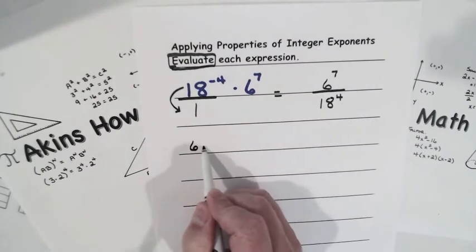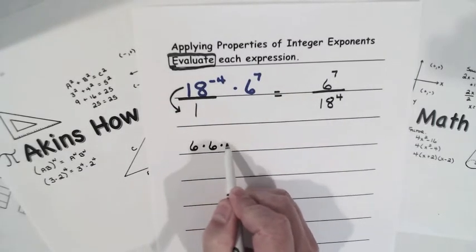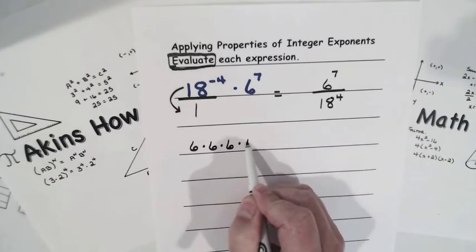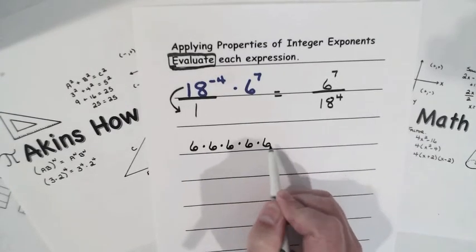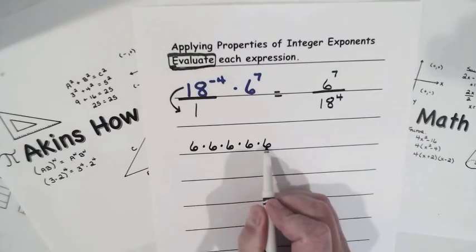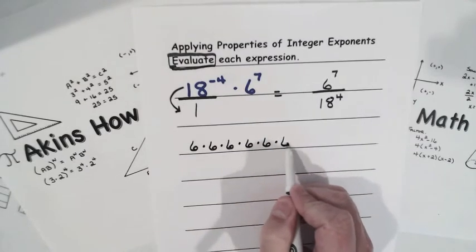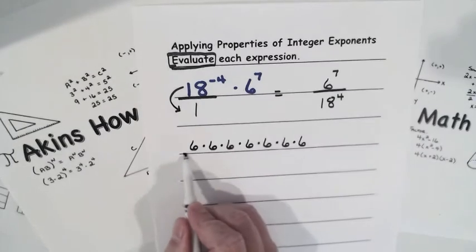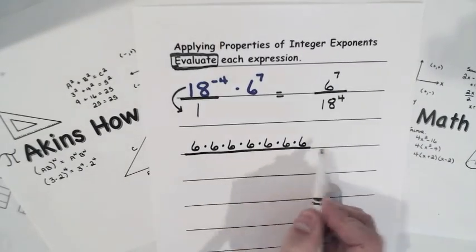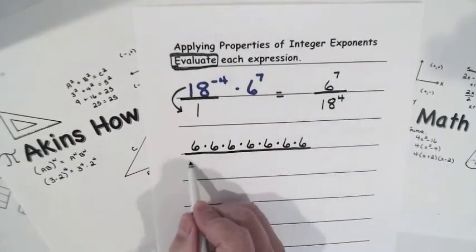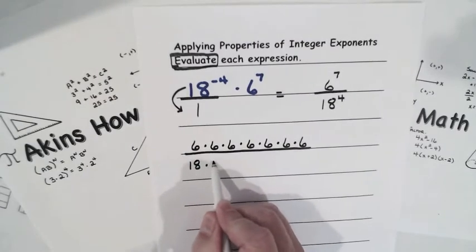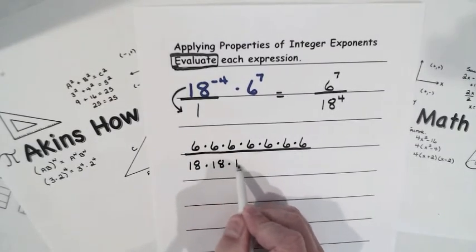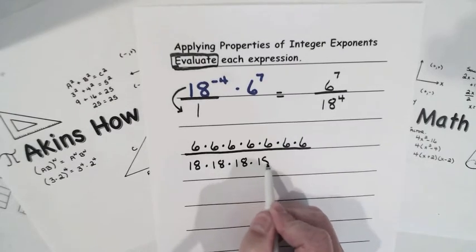That's 6 times 6 times 6 times 6 times 6. So I've got 1, 2, 3, 4, 5, 6, 7 6's being multiplied together. Divided by how many 18's now? 4 of them. 1, 2, 3, 4.